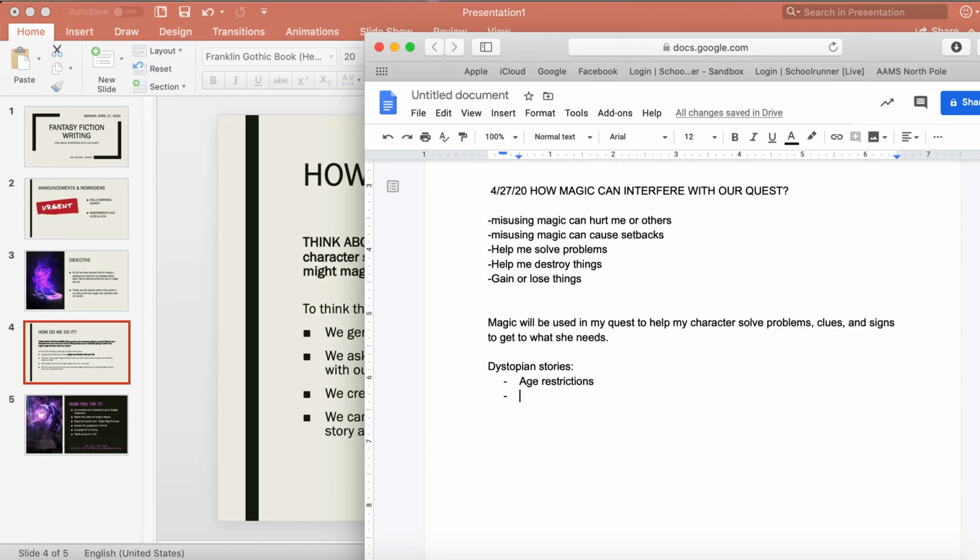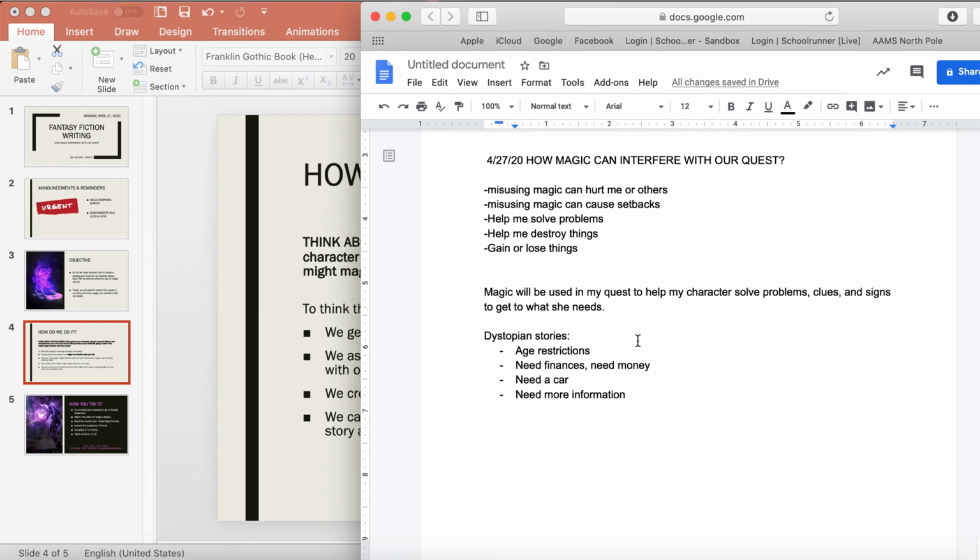Maybe you need money, so you don't have money to be able to do what you need to do. So you need finances, you need money, you need a car. So these are all things that can get in the way of you trying to solve your problems. Need more information, and maybe you can't get to the right people to get the information, so you have to go to the library, you have to search the internet, you have to overcome all these different obstacles to get to in your quest. Okay, so you can still have a quest even if your story does not use magic.